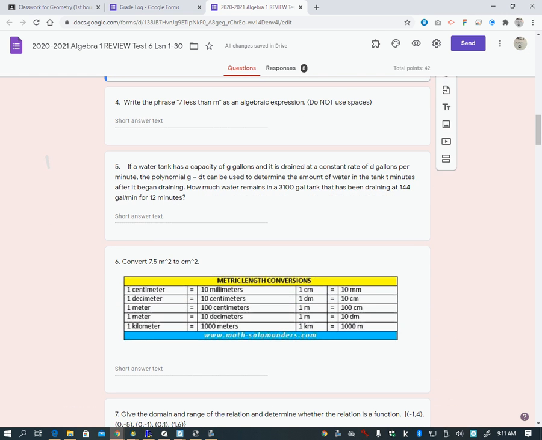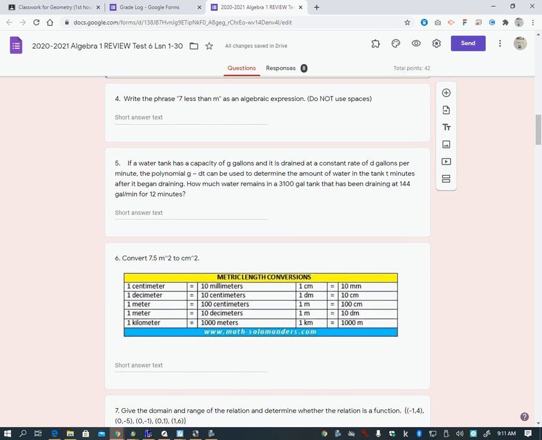All right. 4, write the phrase 7 less than m. A bunch of you made a mistake on the last test when we saw this because you are reading less than like it's asking for an inequality symbol. It's not. We're looking in terms of subtraction or addition, not inequality. 7 less than m.